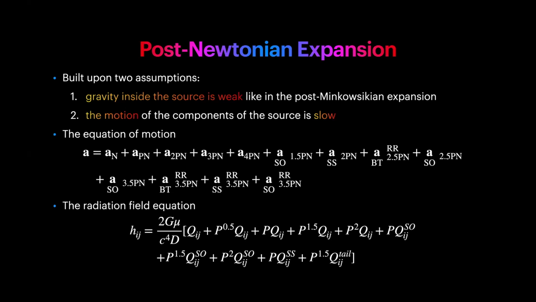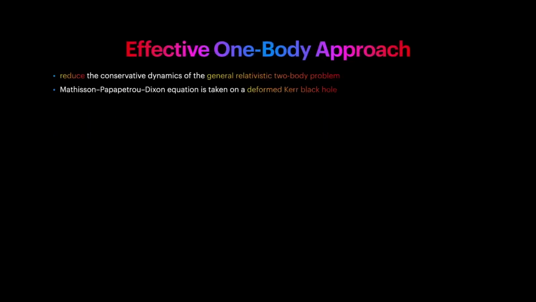As I said, this is a perturbative equation, most of the time referred to as the field equation. Here we apply the terms. It's mostly the main sequence terms and some spin-orbit terms for the equation. The other code uses the so-called effective one-body.